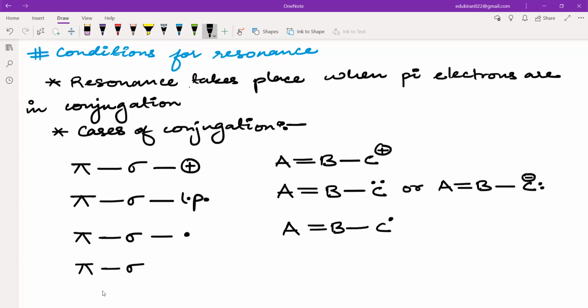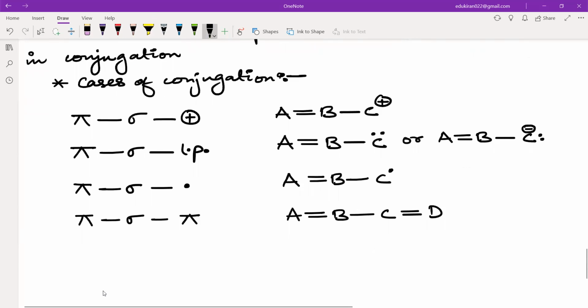Then you can also have pi followed by a sigma, followed by another pi. That is A with a double bond B, single bond C with a double bond D. Then also you can have a lone pair of electrons, followed by a sigma bond, followed by a positive charge. So what could be an example?